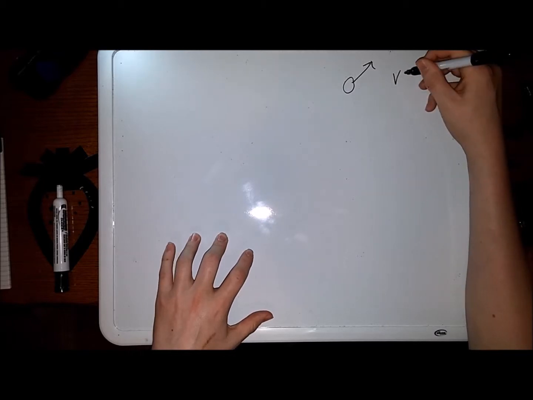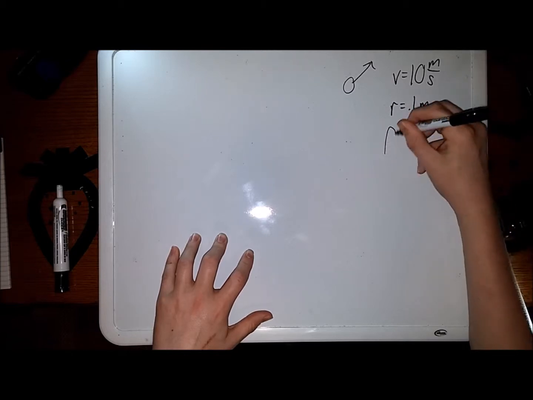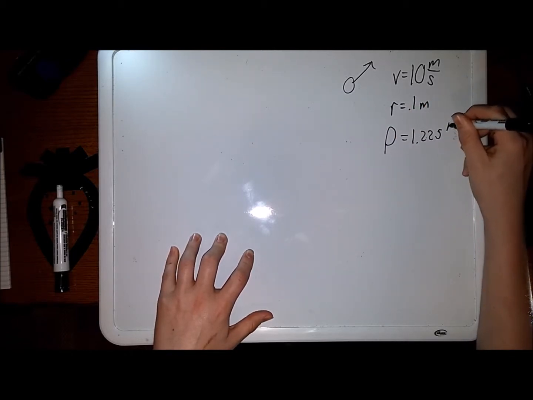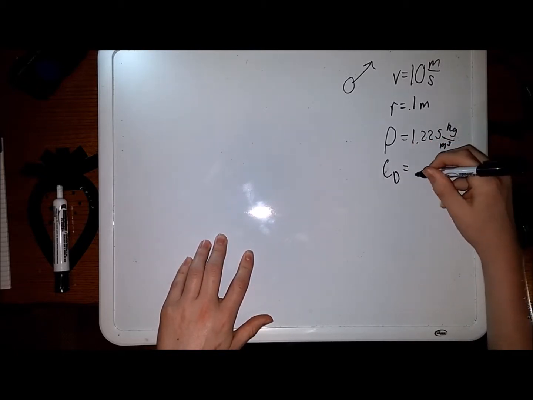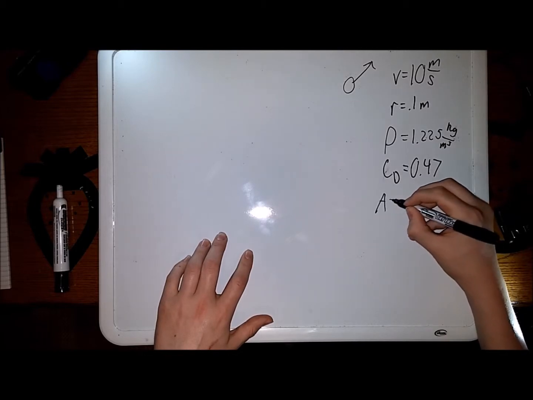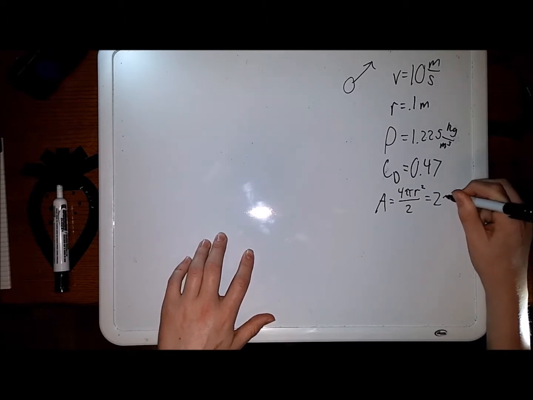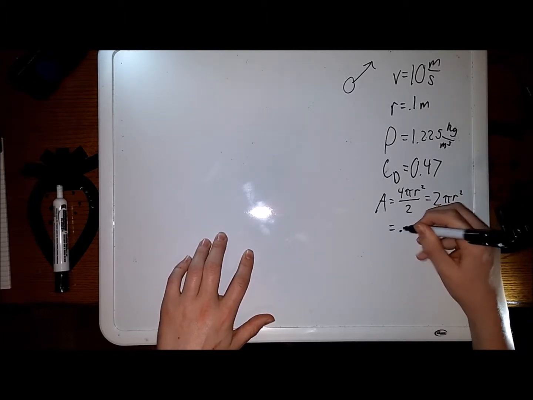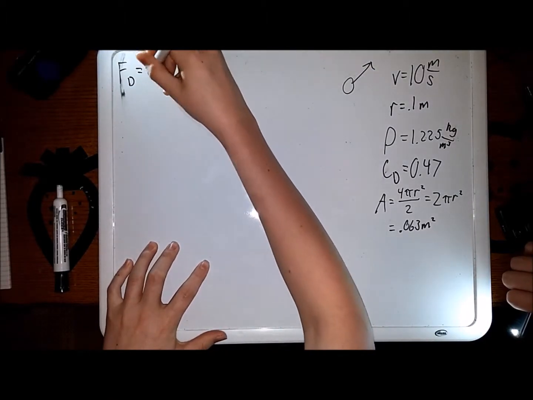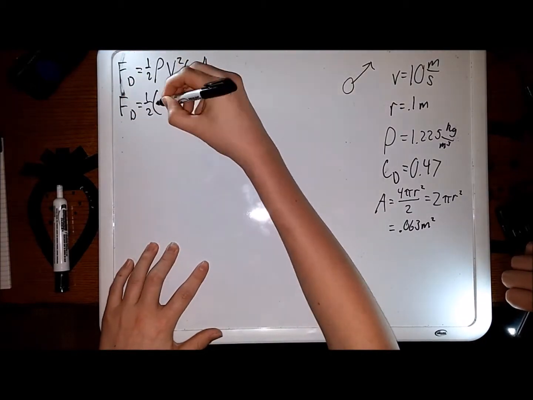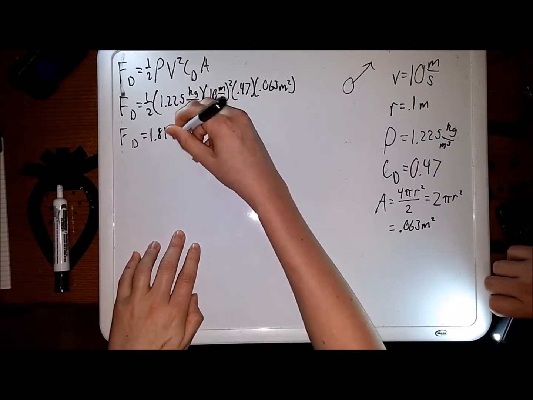So to find the magnitude of acceleration due to drag, we have the velocity and the radius of the grapefruit, rho, the drag coefficient, and the reference area. If you plug in all the variables, you get 1.81 newtons for drag.